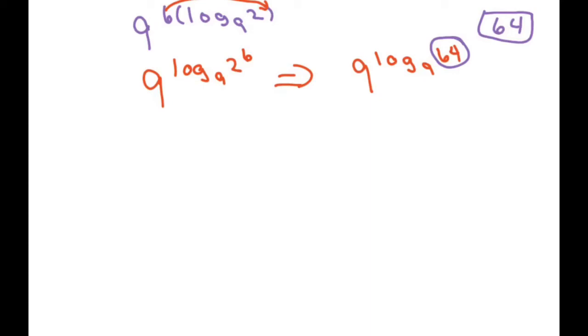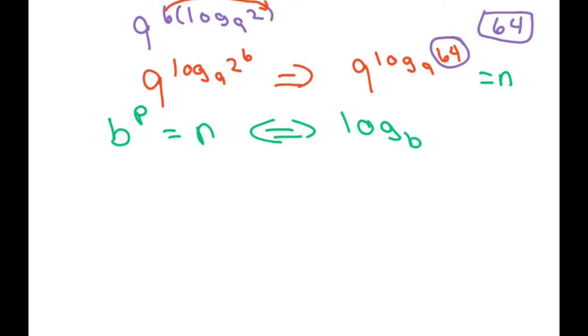So we know that we have, like I said before, the base to a power equals n. So I'm going to set this to n, and I can rewrite this equivalently as log base of n equals your power.